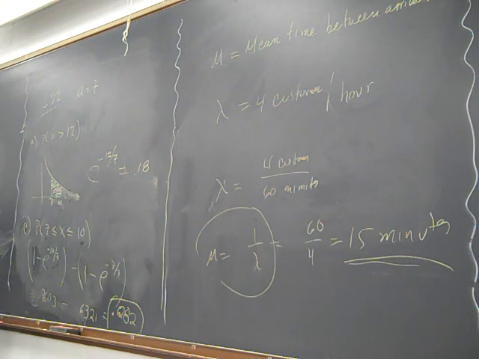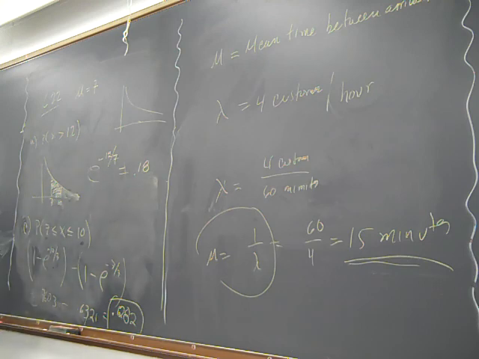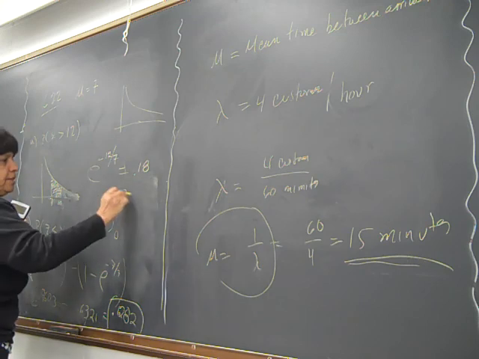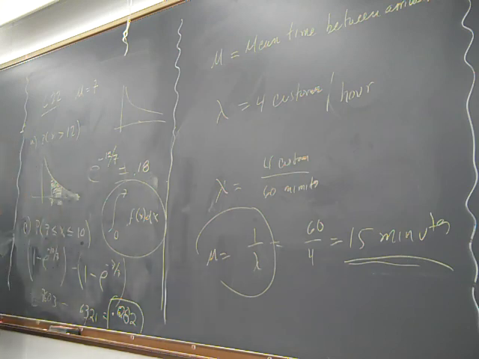You can enter the density function and integrate it from 0 to 7, and you can do that using this, but I don't know how to do it. I'm sorry, I will learn eventually. So basically, this is the exponential distribution.